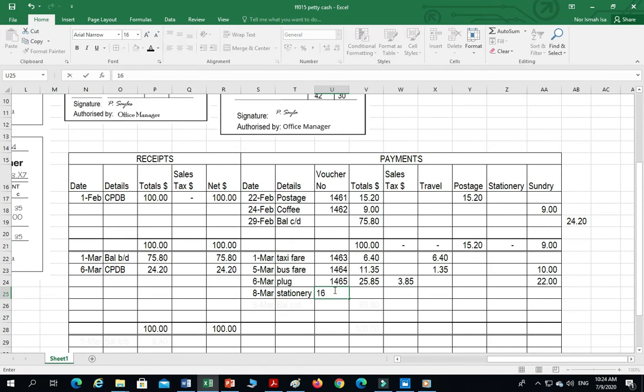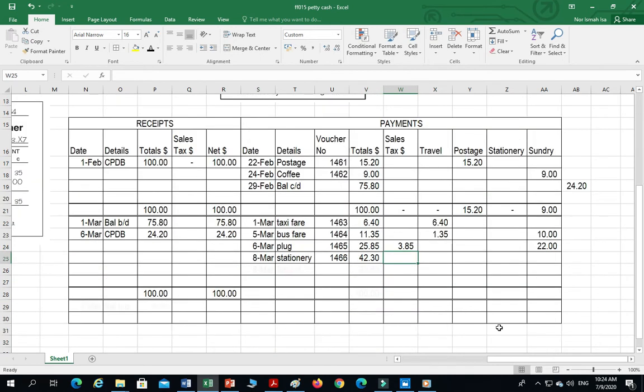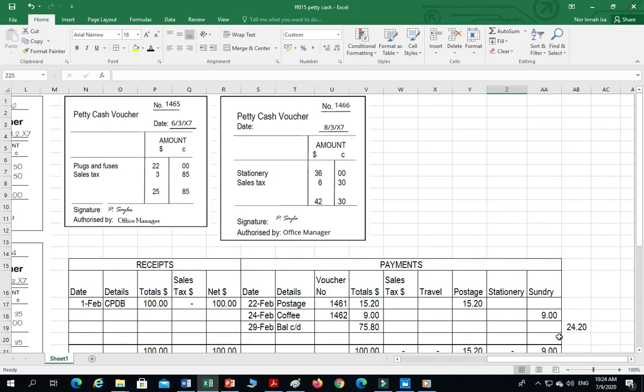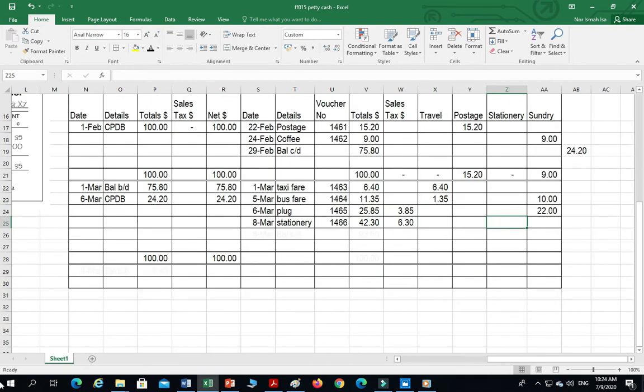The voucher is 1466. The total amount we claim is $42.30, and this is split into two. One is for sales tax, 1.30, and for the stationery itself is 41.